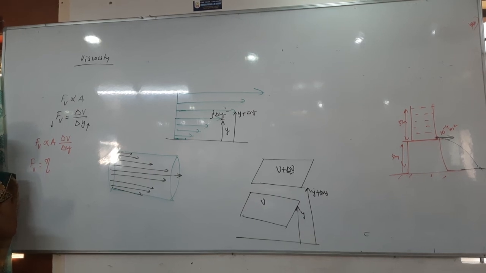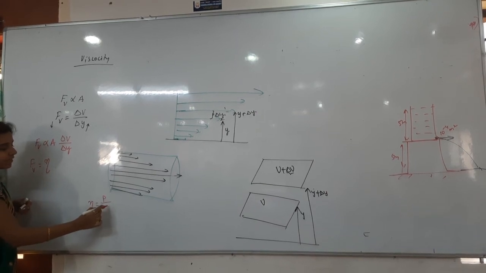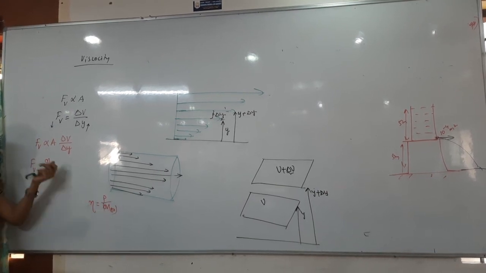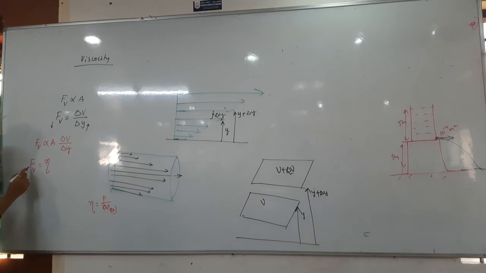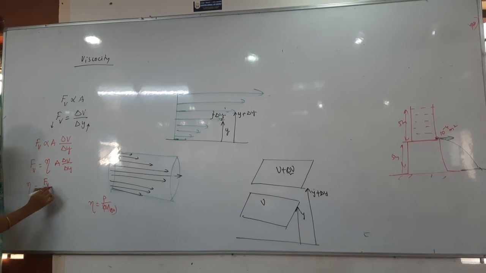You already studied the formula of the coefficient of viscosity in units and dimensions. What is the formula you have studied? Pressure divided by velocity gradient. The same thing is happening here. So Fv equals eta into A into delta V by delta Y. Then eta equals Fv divided by area, that whole divided by the velocity gradient.